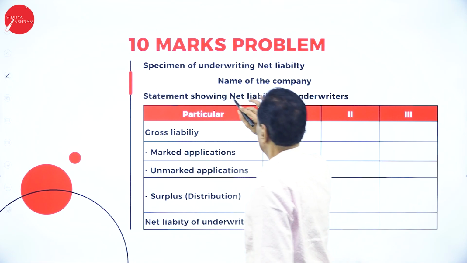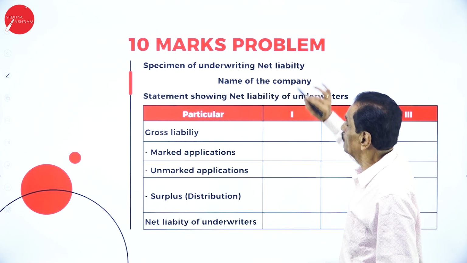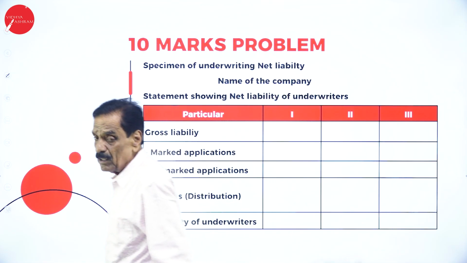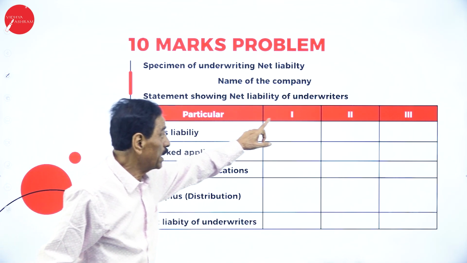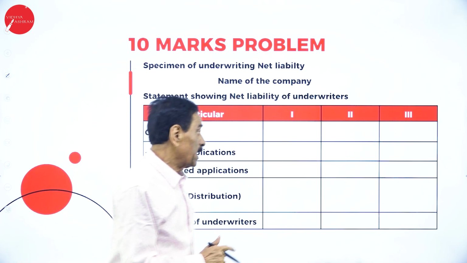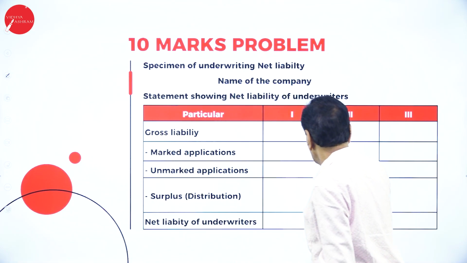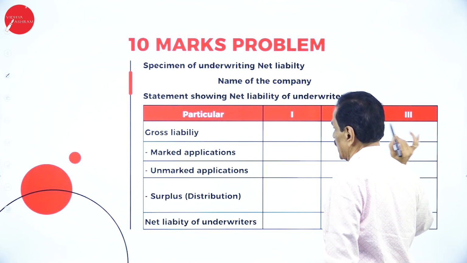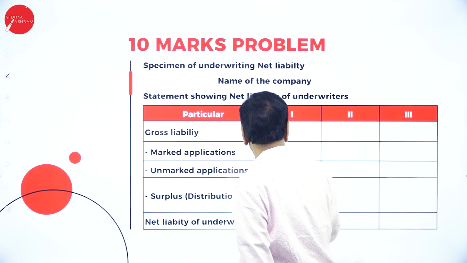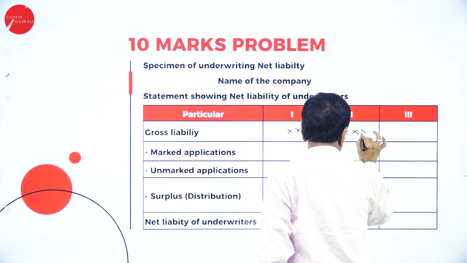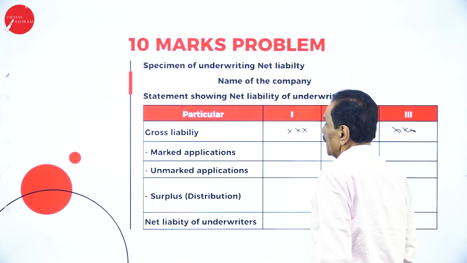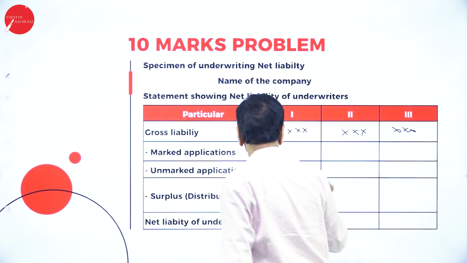Now, this is the specimen of underwriting net liability. It is a 10 marks question. First, you write the name of the company, statement showing net liability of the underwriter. If there are three underwriters, underwriter 1, underwriter 2, underwriter 3. First is gross liability. Number 2, minus marked application.